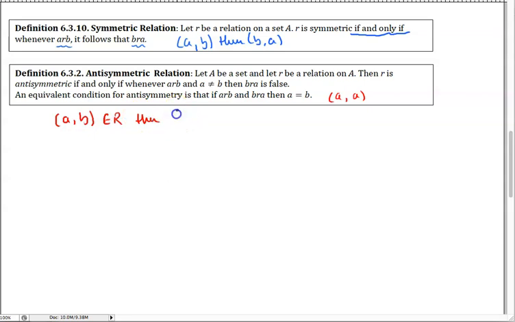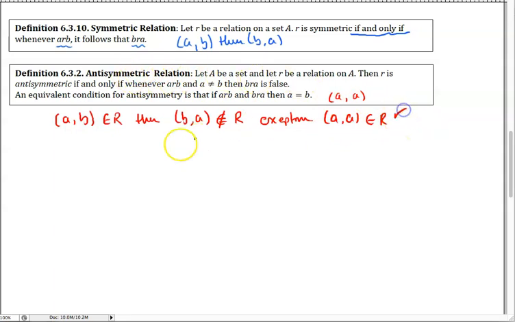What an anti-symmetric relation says is that if (a, b) is in R, then (b, a), its inverse, cannot be in R. But the exception is the coordinate points where the coordinates are the same. If (a, a) is in R, then it can still be anti-symmetric.